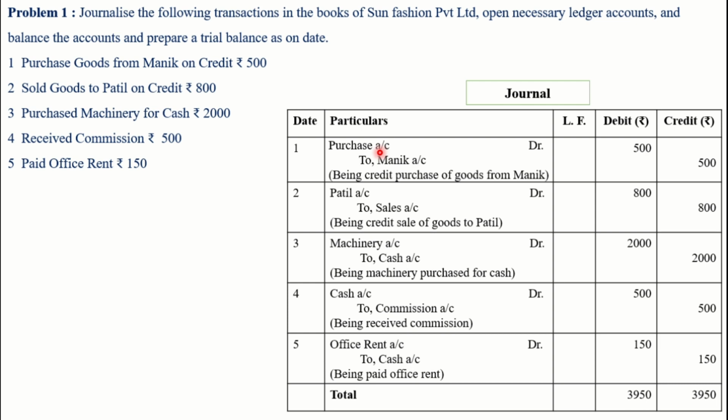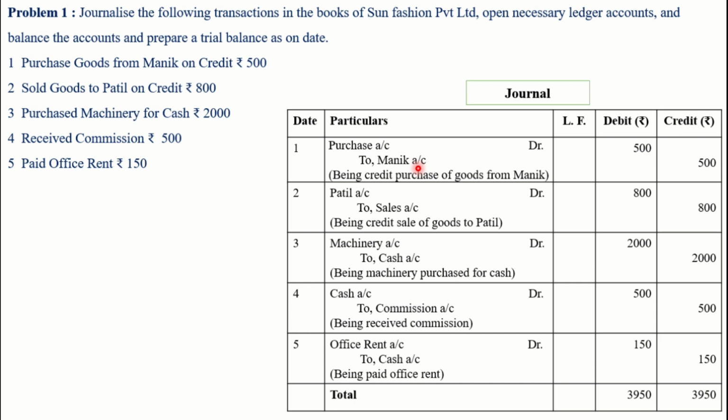Purchase account is a type of real account and rule of real account is debit what comes in. While purchasing the goods, goods are coming into the business. That's why purchase account is debited with rupees 500. And to Manik account. Manik account is a type of personal account and rule of personal account is credit the giver.